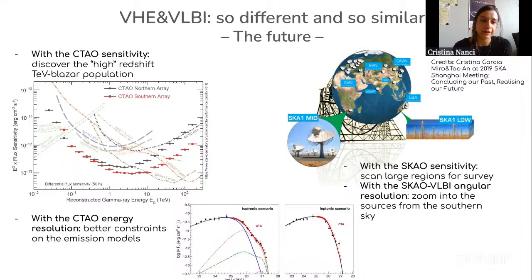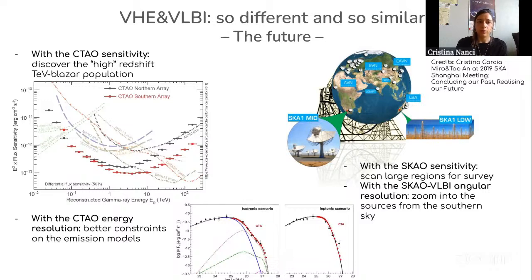Actually, for simultaneity, we have no strict constraints about the radio observations, because we usually have delays between very high energy activity and radio activity. We usually have flaring activity in the TeV range coming before the flare in the radio band.